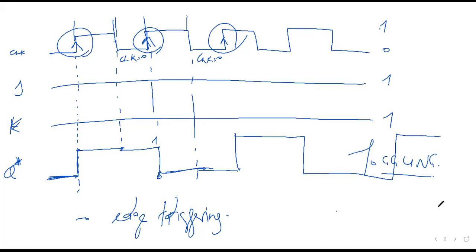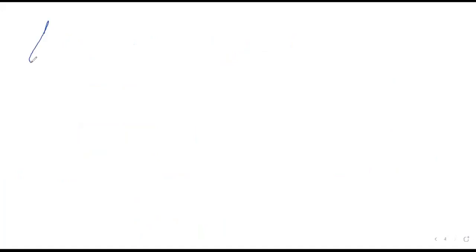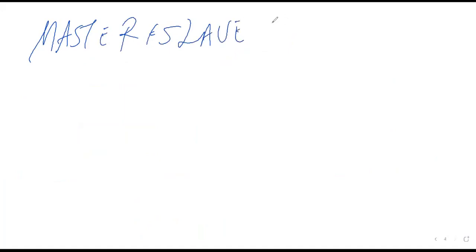Another way is using what we call the master and slave. And with that, I introduce the master and slave JK. All right.